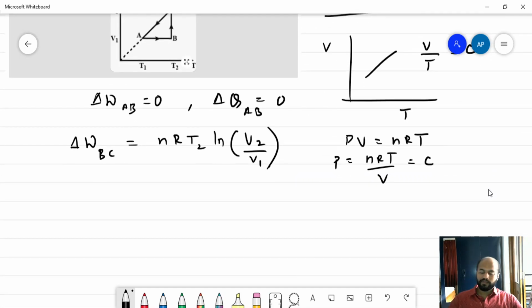So for this, we know that the work done under process CA is going to be pressure into (T2 minus T1), because this is the final and initial. So final is T1 and initial is T2.